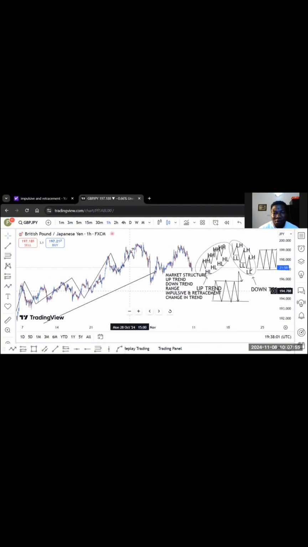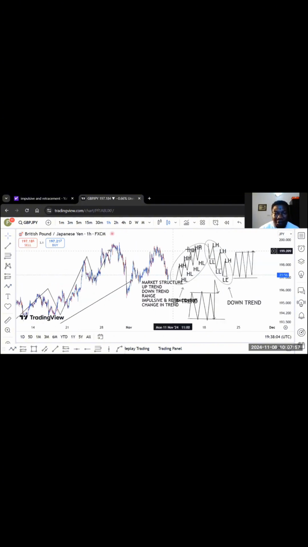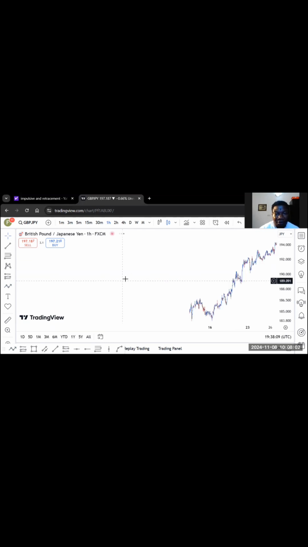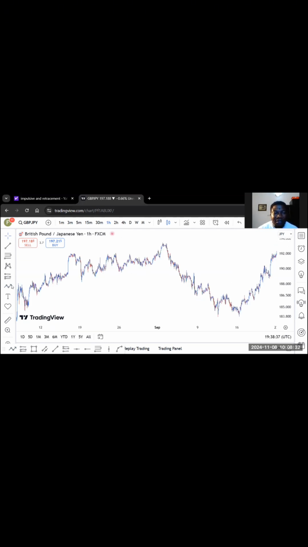So let me show you an example of a downtrend, okay? Let me scroll back and see if we can find an example of a downtrend. So, all right, guys, basically, a downtrend is the opposite of an uptrend, okay? So when the market is trading down, it's making a series of lower lows and lower highs, right? It's not going to be as perfect as the way I drew it, but just have a clear picture of what I'm trying to say.